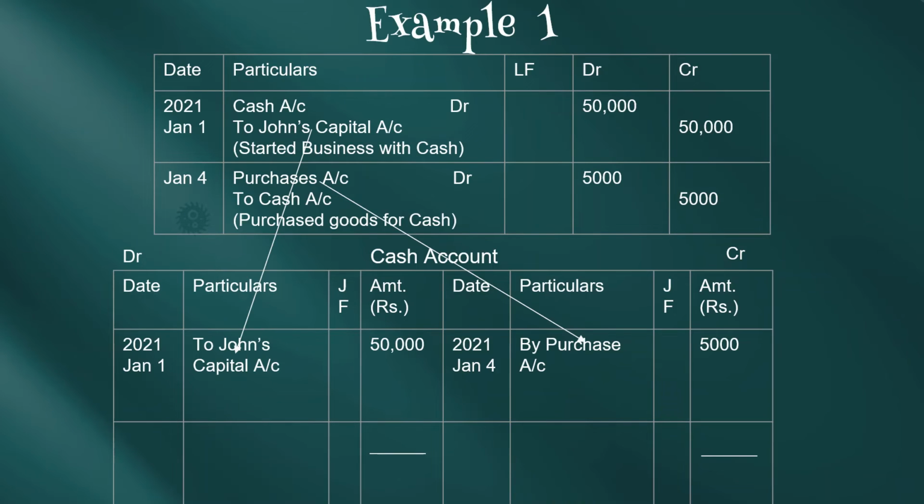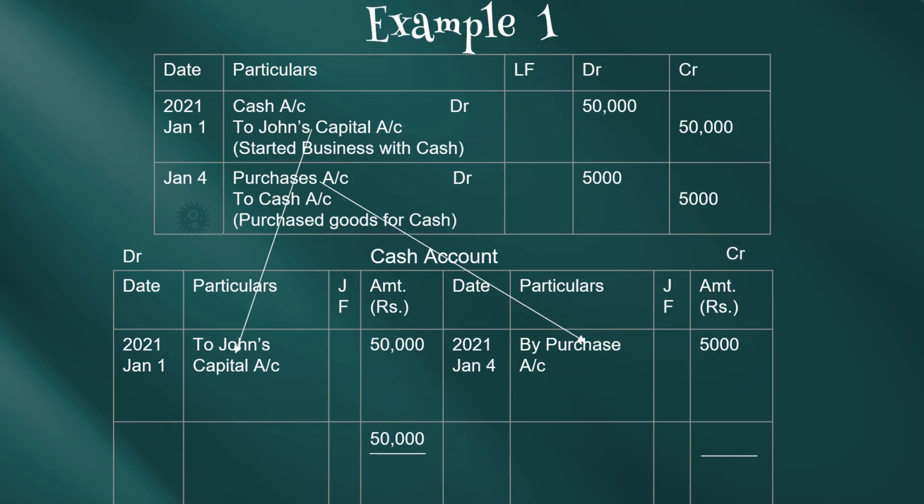See, the same example, I have recorded John's Capital and by purchase account. If you know the balances, it will be easy for you to put the total. In cash account, all assets have debit balance, so here it is a debit balance, and the debit side will have more amount.